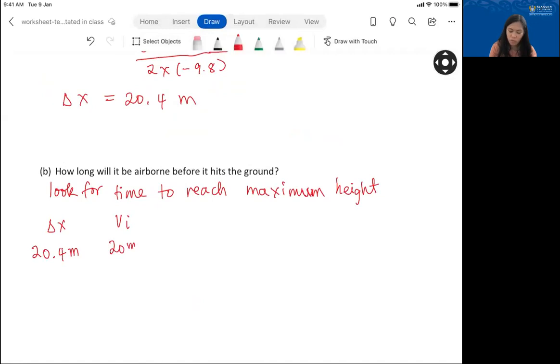VI was also 20 meters per second. VF will still be 0 because it's the maximum height, the first portion of the trip we're looking at. Acceleration is still negative 9.8 meters per second squared. And delta t is what we want to find.